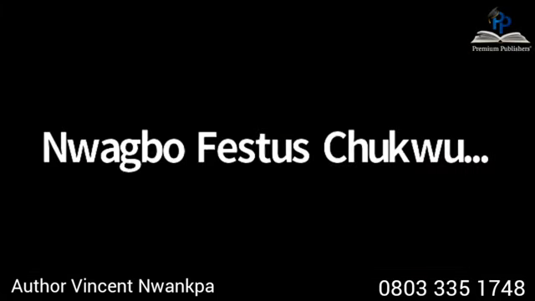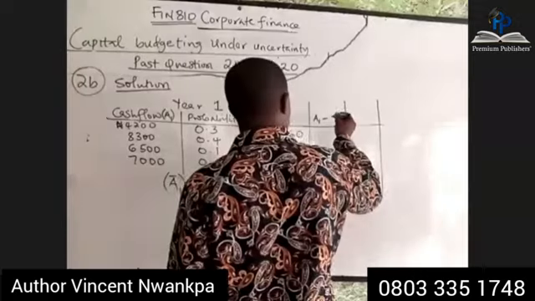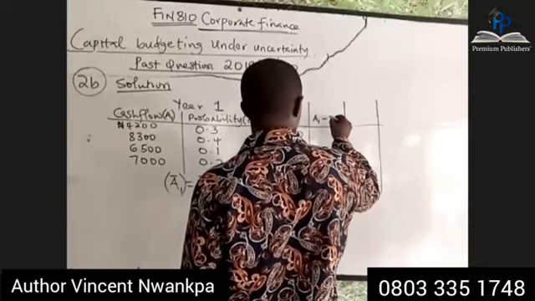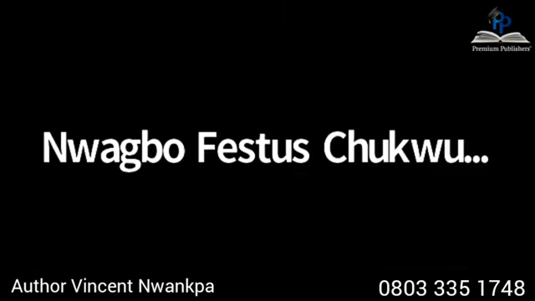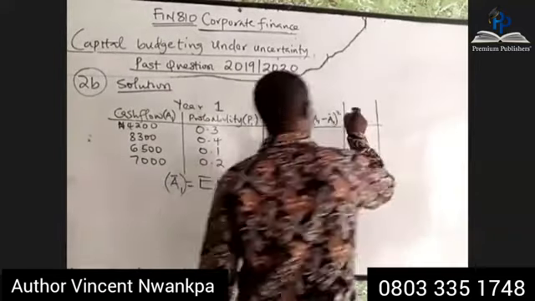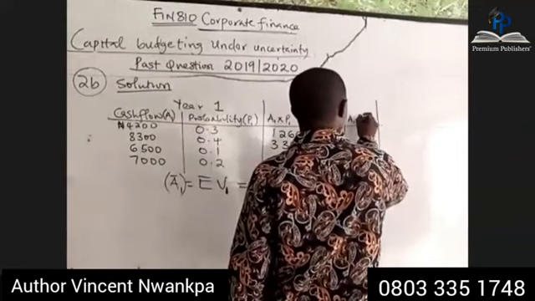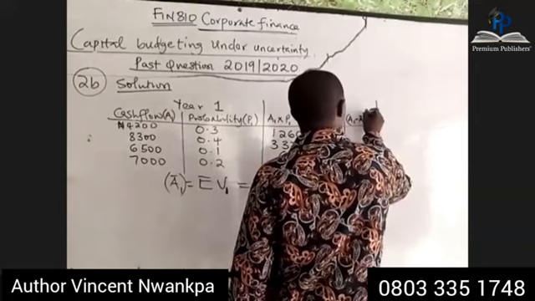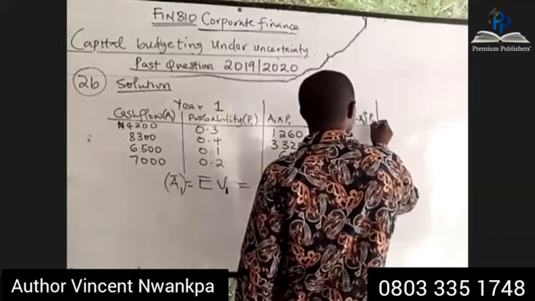While we are not to waste our time, A1 minus A bar 1. We will square it straight away. And then come here and have A1 bar all squared times probability.